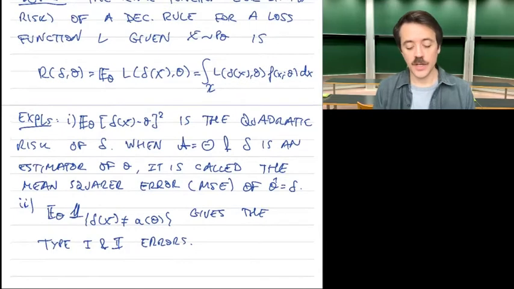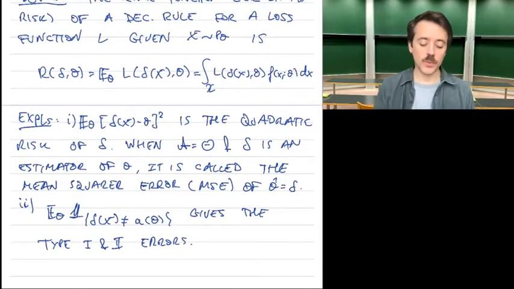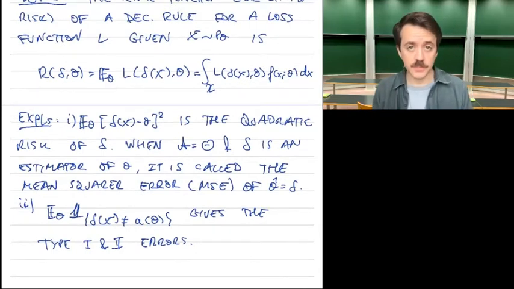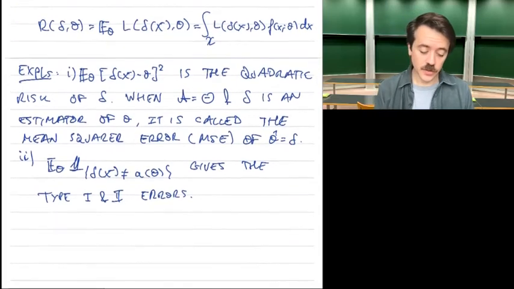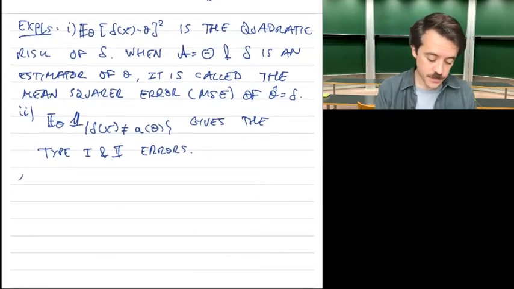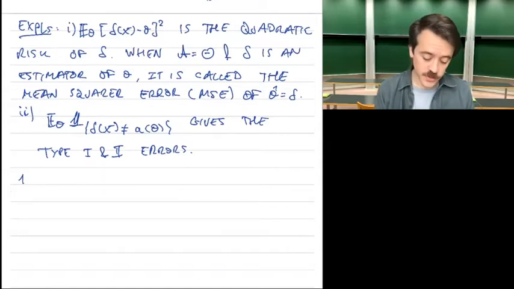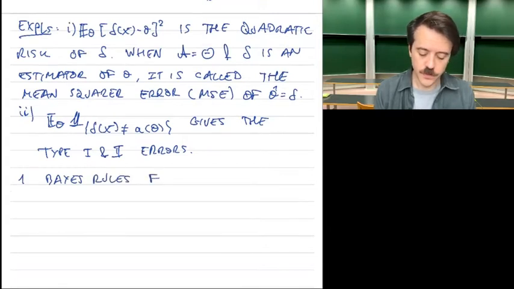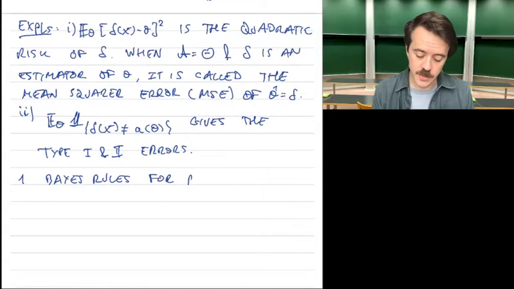Because now, if we consider theta as being random, then we want to integrate these things with respect to the prior. Okay, so let's talk about Bayes rules for risk minimization.